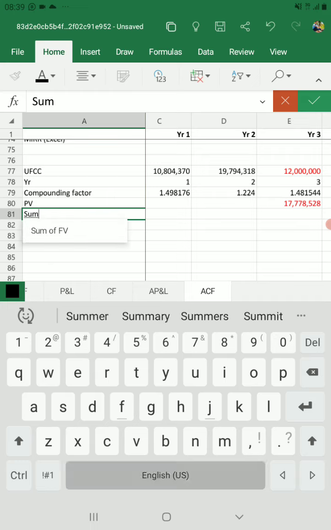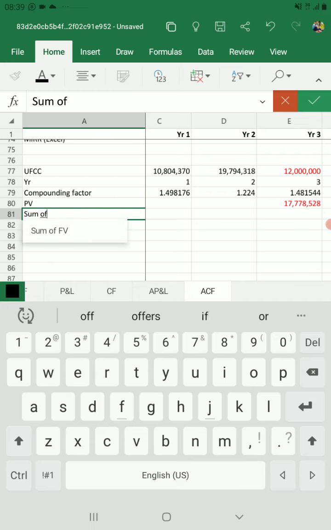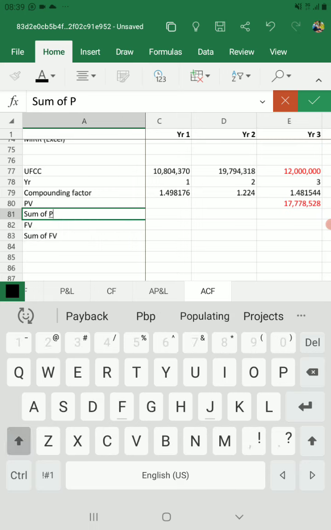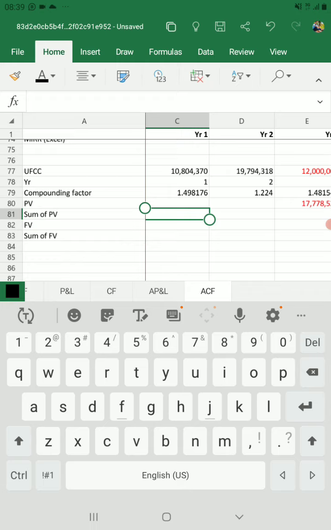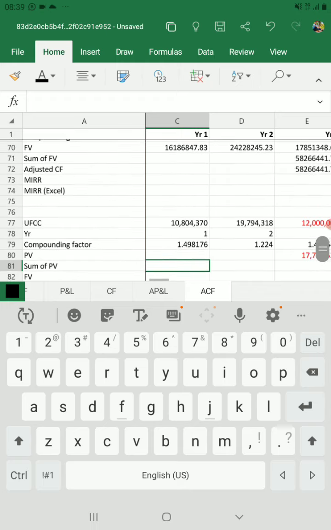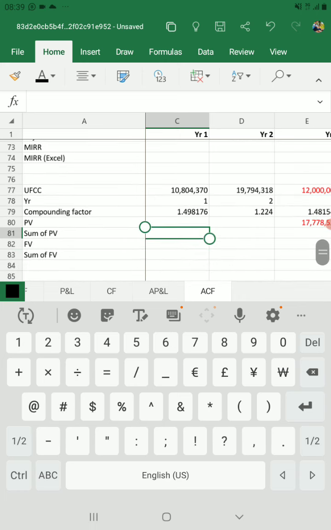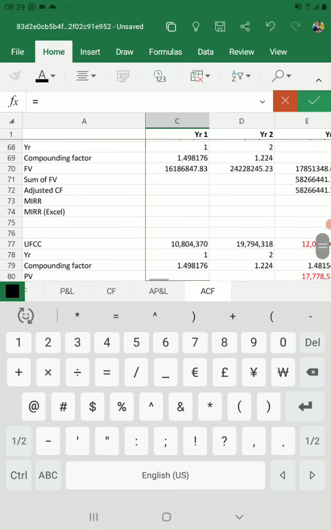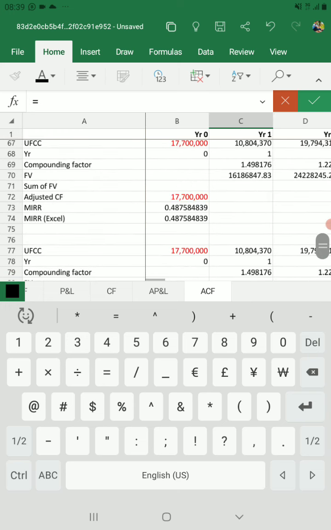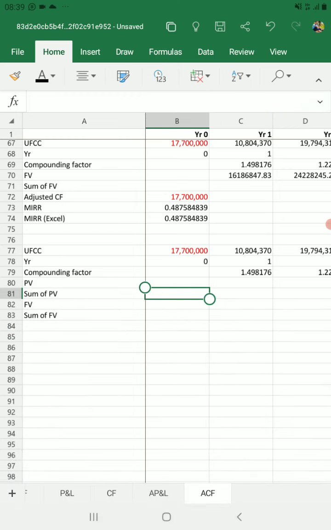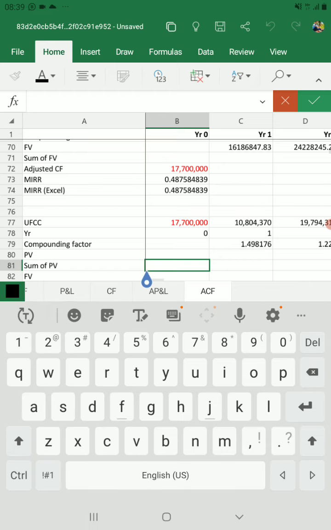Sum of present values, which is just the original figure here.